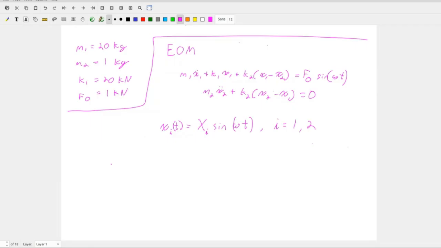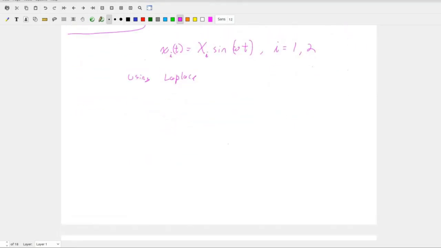The other big X is the Laplace transform of x of t. I might change that in the notes. Or not. I don't know. Anyways, but using Laplace, which is pretty straightforward, I think we've done this one like 4 times. And no initial conditions.